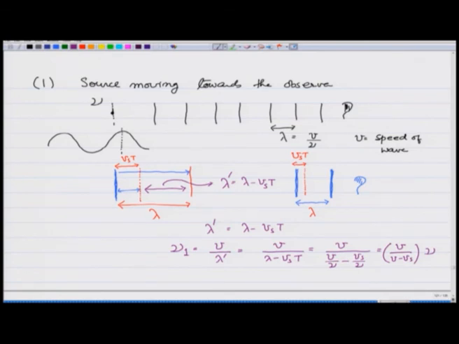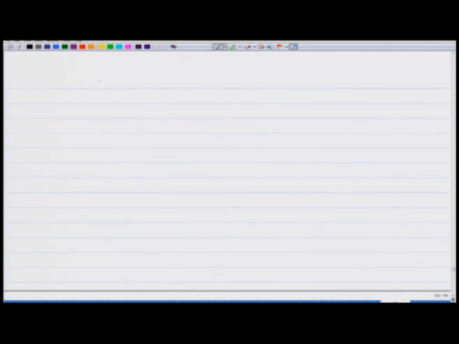So, what we have deduced is that if there is a source which is moving towards an observer along the line which is between the source and the observer, then the frequency that the observer hears is v divided by v minus v source times nu, which is greater than nu.